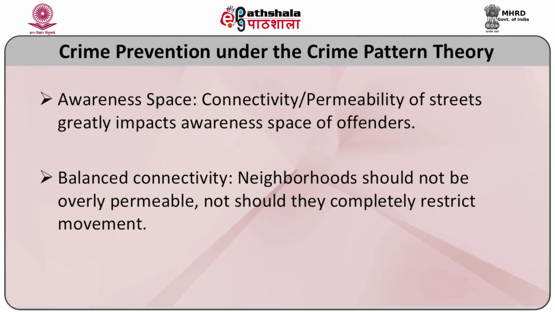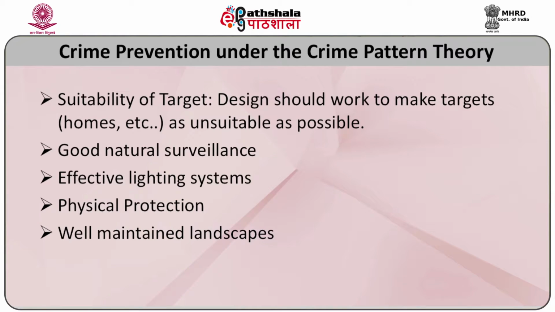Balanced connectivity: neighborhoods should not be overly permeable, nor should movement be completely restricted. Suitability of target: design should work to make targets as unsuitable as possible. Good natural surveillance, effective lighting systems, physical protection, well maintained landscapes.